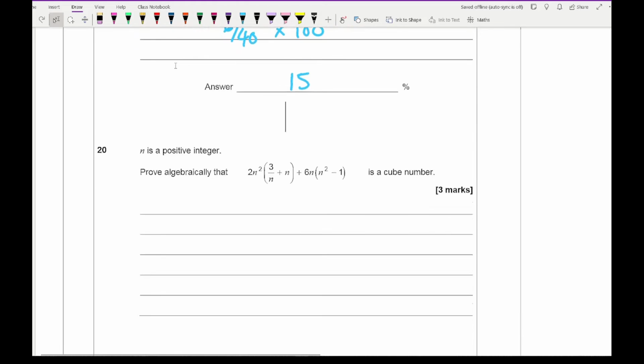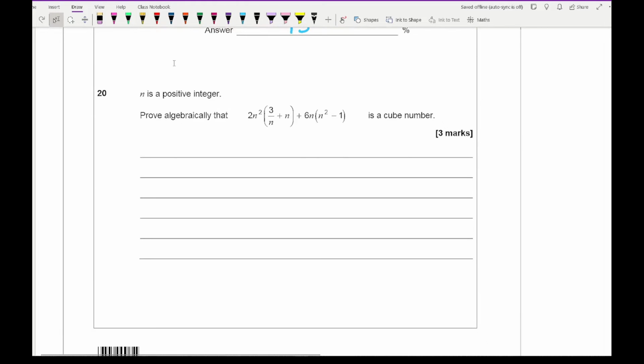Then with question 20, this looks at algebraic proof. So what we want to do here is prove that this expression is a cube number. First things first, if I expand the brackets out, I get 6n squared over n plus 2n cubed plus 6n cubed minus 6n. Then if I start to simplify, this n cancels with that n. This then becomes 8n cubed, and then I've got 6n minus 6n, so that cancels.